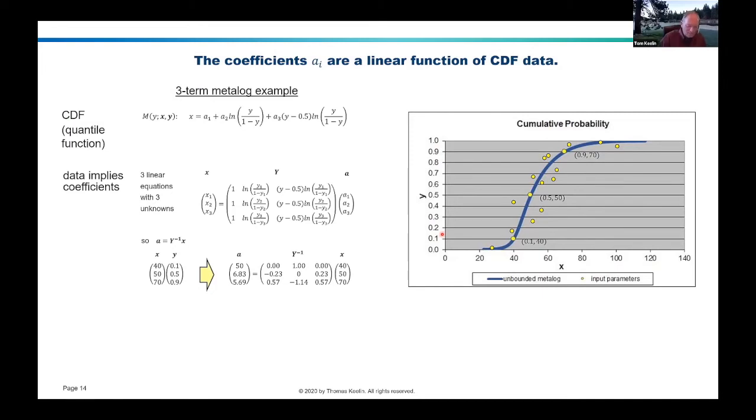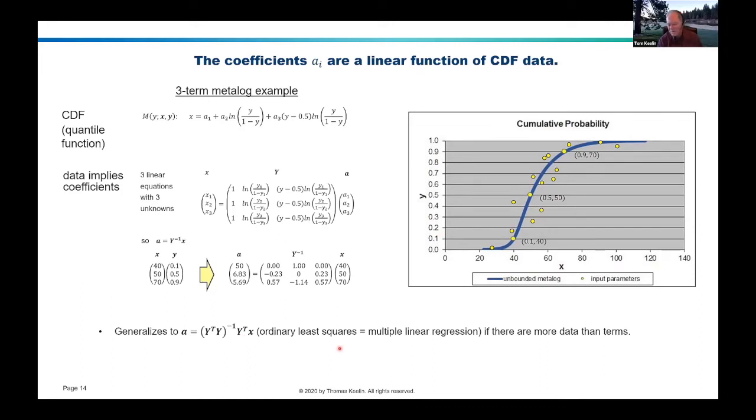Well, this equation I just showed you generalizes to ordinary least squares, which is the same as multiple linear regression. You can see this is basically a multiple linear regression equation in these coefficients, A1, A2, A3. In the literature, you might see beta 1, beta 2, beta 3 as your regression coefficients.